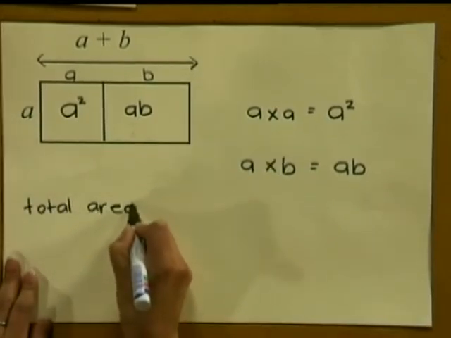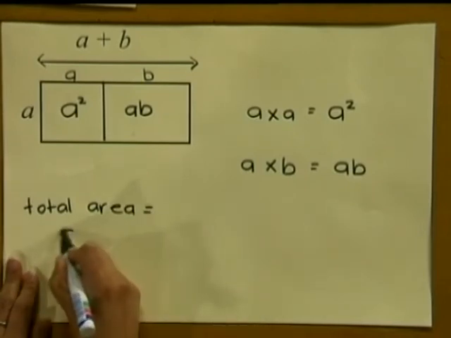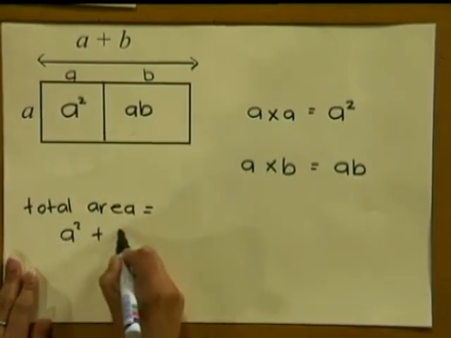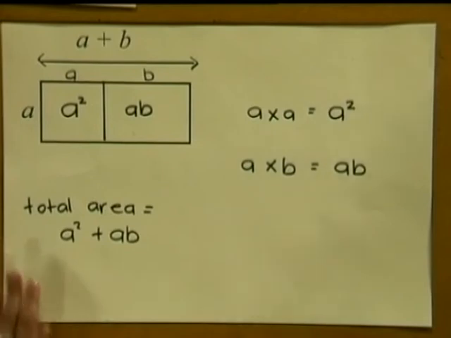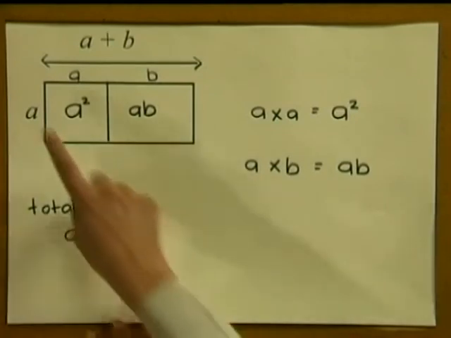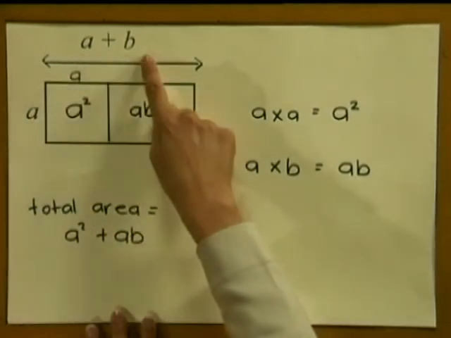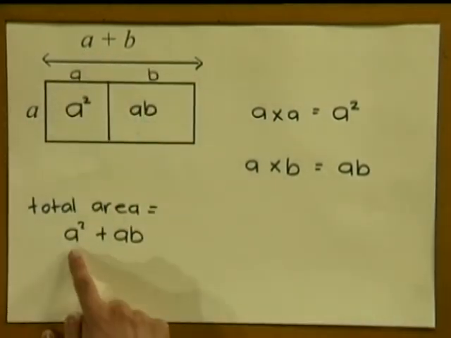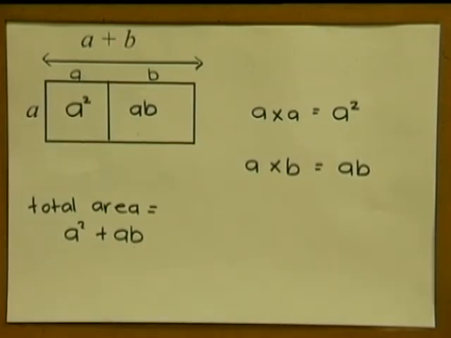And our total area is going to equal A squared plus AB. Now focus on what we've just done. By using a known fact, namely to work out the area of a rectangle, we have shown that A multiplied by A plus B would give us A squared plus AB.